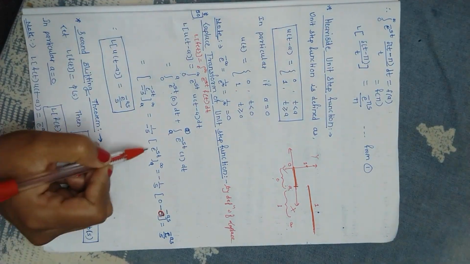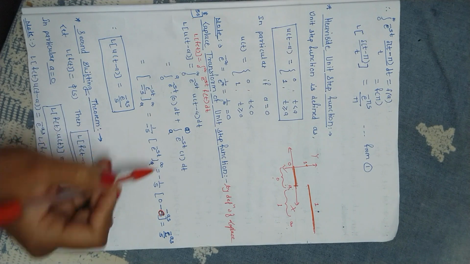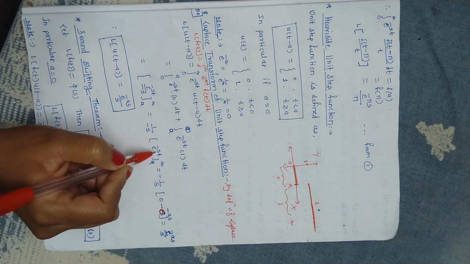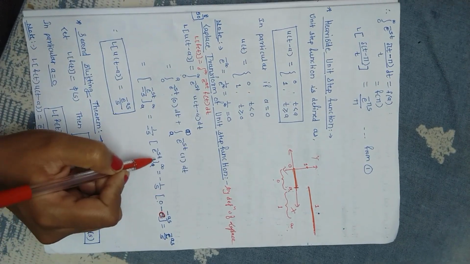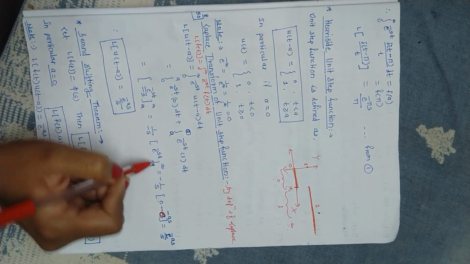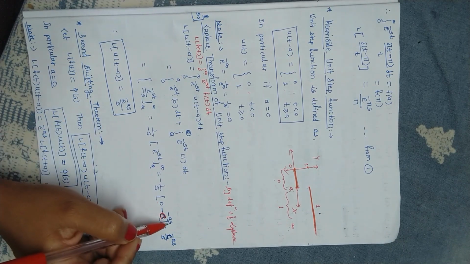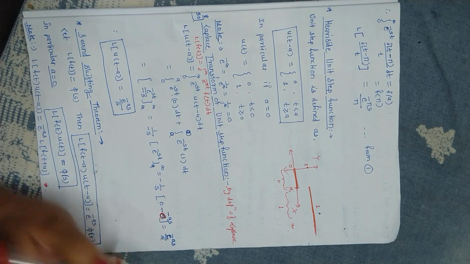Now e raised to minus st, upper limit we first put infinity. What is e raised to minus infinity? It's 0, so the upper limit is 0, and in the lower limit we put a instead of t, so it becomes e raised to minus as. Now minus minus is plus, and the answer is e raised to minus as upon s.